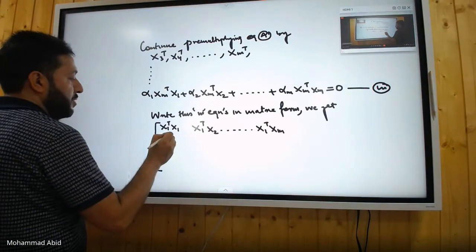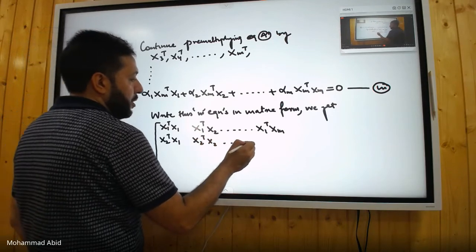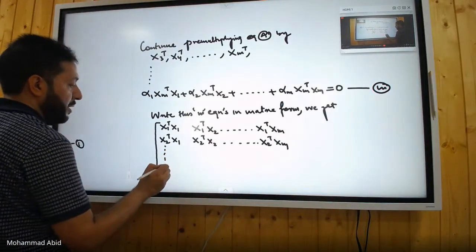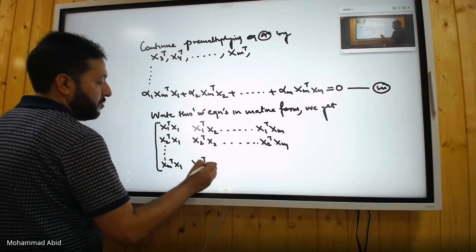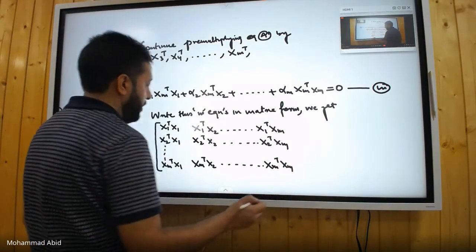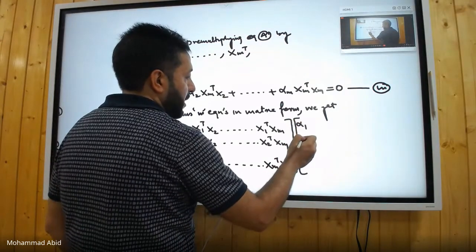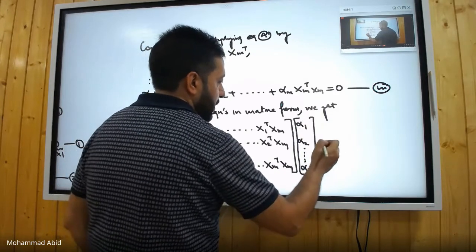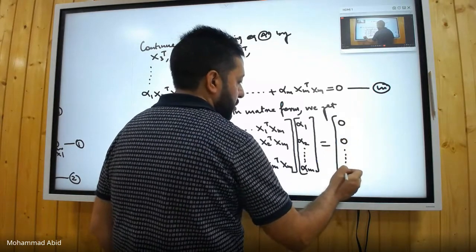then x2 transpose x1, x2 transpose x2, so on, x2 transpose xm, similarly like this, xm transpose x1, xm transpose x2, so on, xm transpose xm, like this, and this is alpha 1, alpha 2, so on, alpha m is equal to all 0, 0, 0, so on.